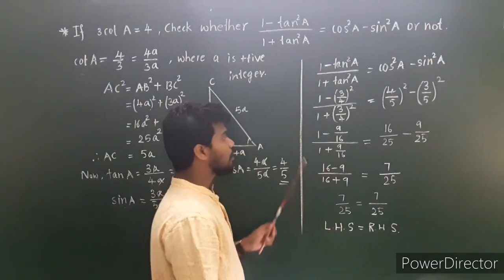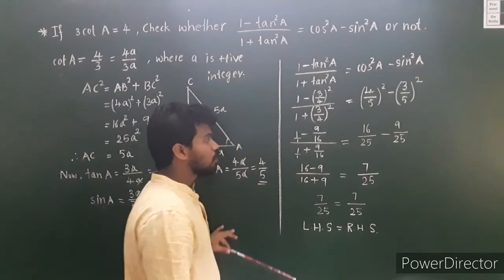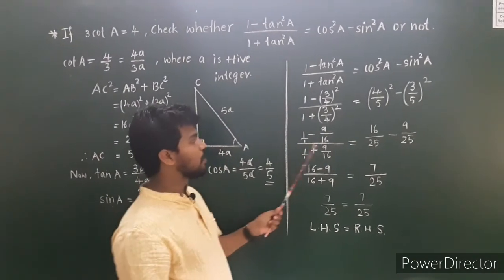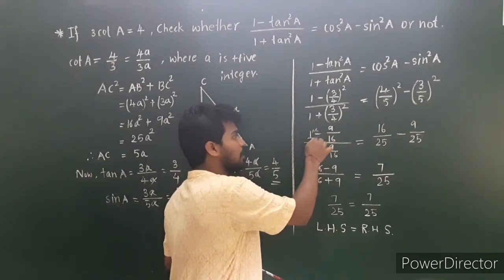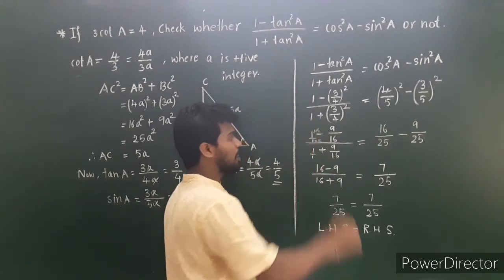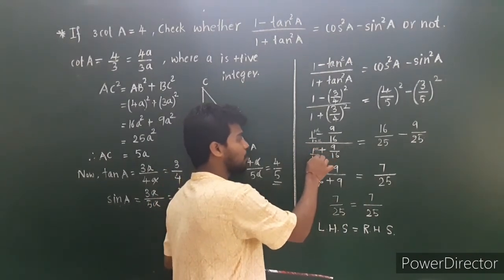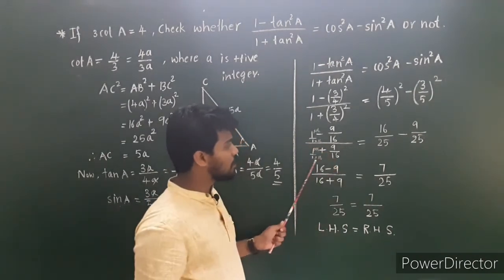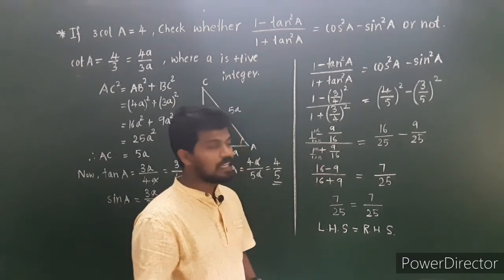So now you see that 1 can be written as 1 by 1 and here also. So now you take the common denominator using the LCM. So LCM you have 16. So multiply 16 to both numerator and denominator. You get 16 as the common denominator. So here also 16, 16. The common denominator 16 and 16 cancel each other.